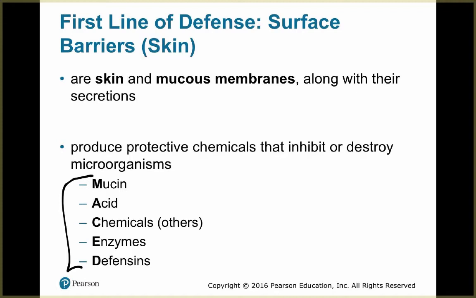And so basically, when we're talking about surface barriers, we are talking about first physical barriers. And so most microorganisms, because it's going to be a wall, can't get in.